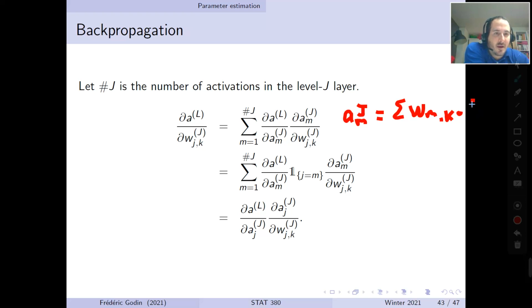Let's call it, not w, let's call it v_m just for simplicity.